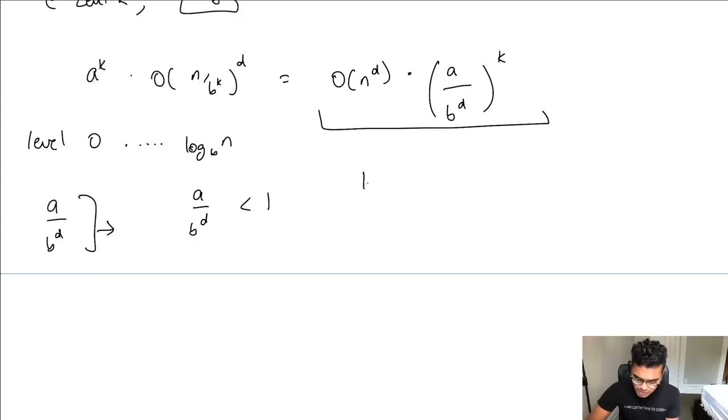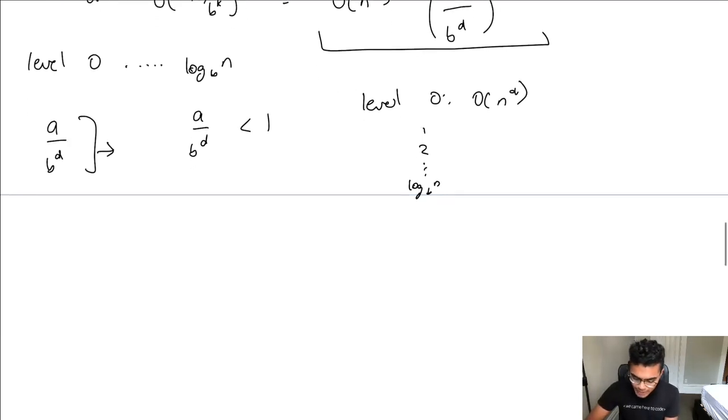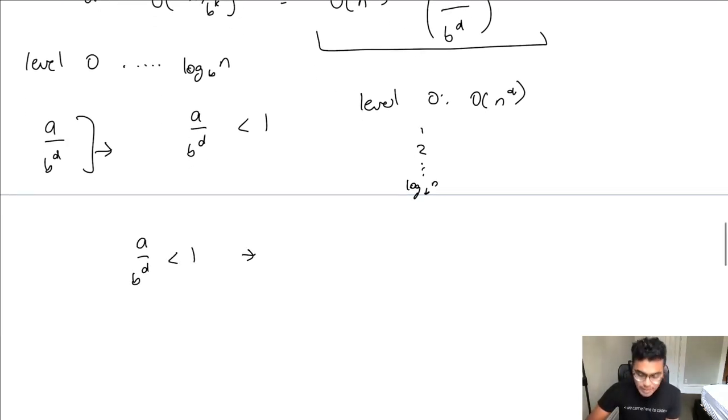And then at every level after that, 1, 2, to log b of n, I'm going to be doing less and less work. And so we can very easily say that the most impactful work will be done in the very first level. And we can say over here that when a over b to the d is less than 1, the work done is O of n to the d.